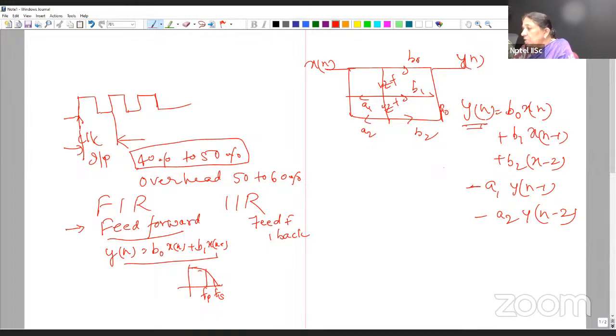And one more thing, we said that it is a direct form or indirect form or a cascade section, or it can be parallel also. I can have parallel or the cascade section. The result is going to be the same.